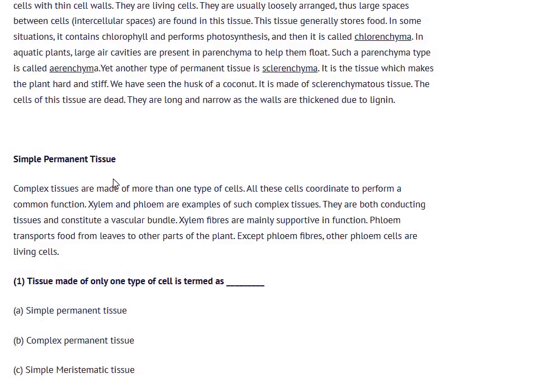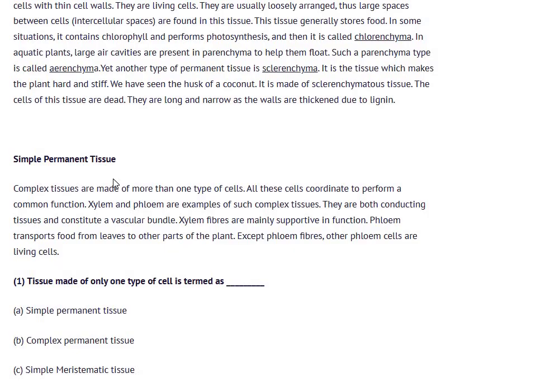All these cells coordinate to perform a common function. Xylem and phloem are examples of such complex tissues. They are both conducting tissues and constitute a vascular bundle. Xylem fibers are mainly supportive in function. Phloem transports food from leaves to other parts of the plant, except phloem fibers.